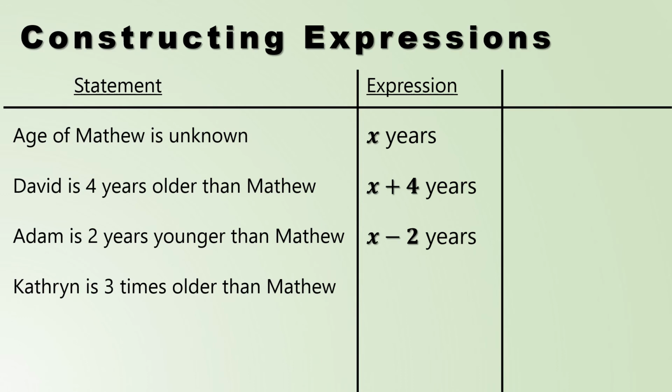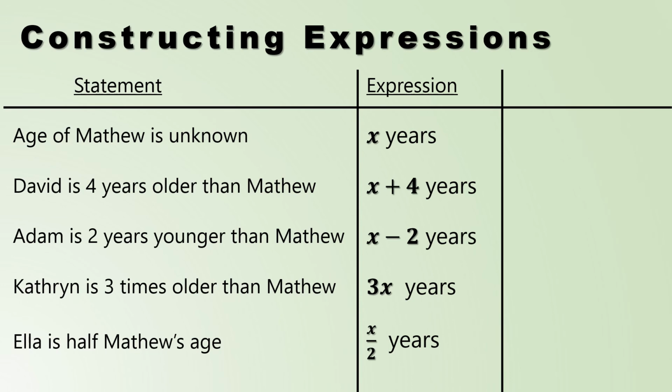So the age of Catherine can be expressed by the expression 3x years, using the variable for the age of Matthew. In the same way, if Ella is half of Matthew's age, then the age of Ella can be expressed as x upon 2 years.